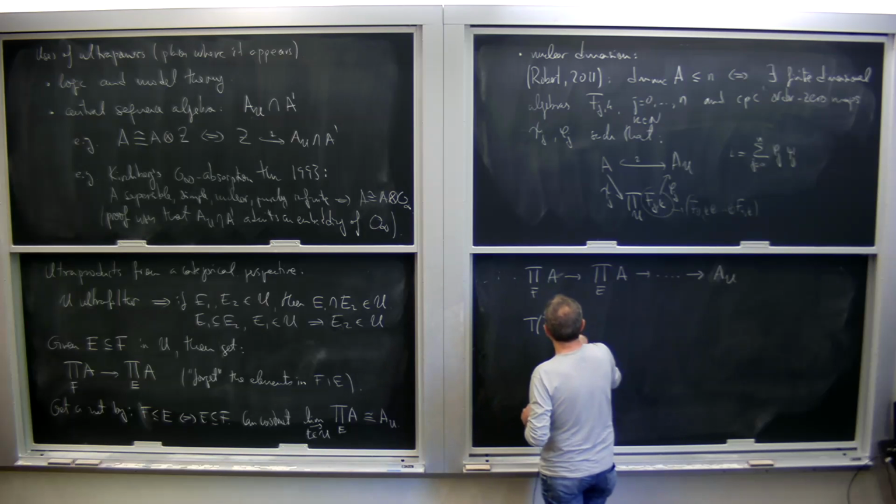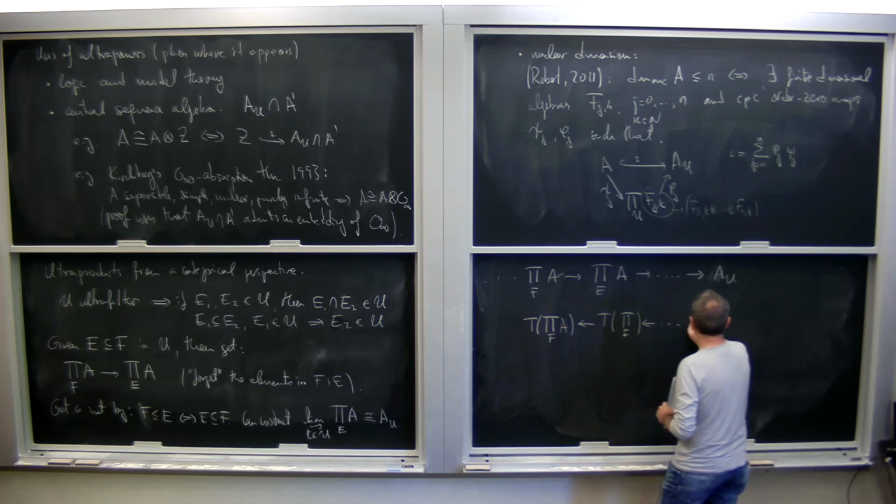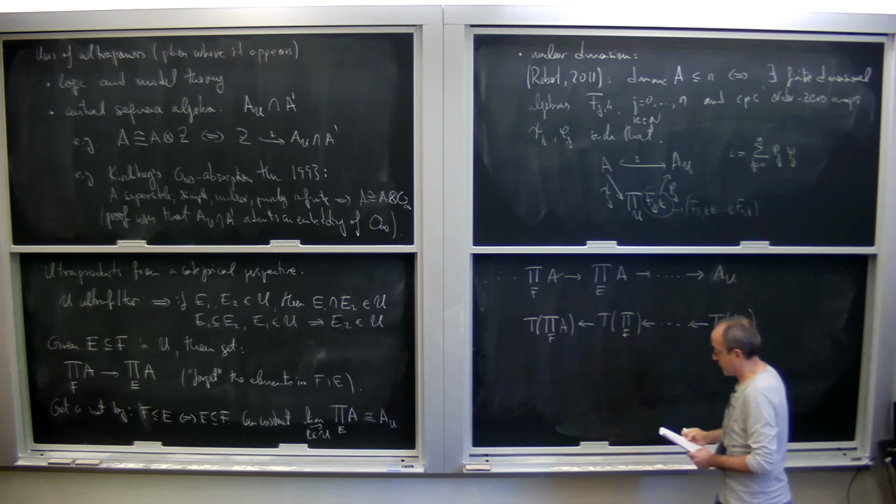So now we have traces here, and of course this is contravariant, so we get traces here, and we get an inverse limit like that.